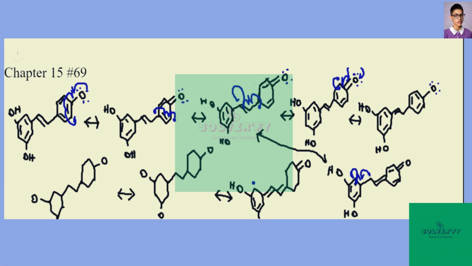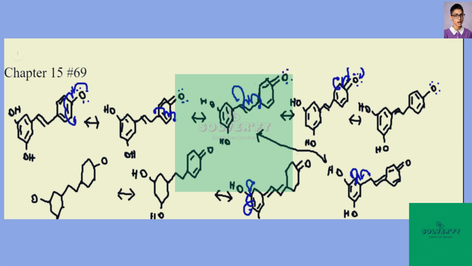Unpaired electron here. Okay. And from there, we can just continue to move this around the ring. So like this. Will put us here.